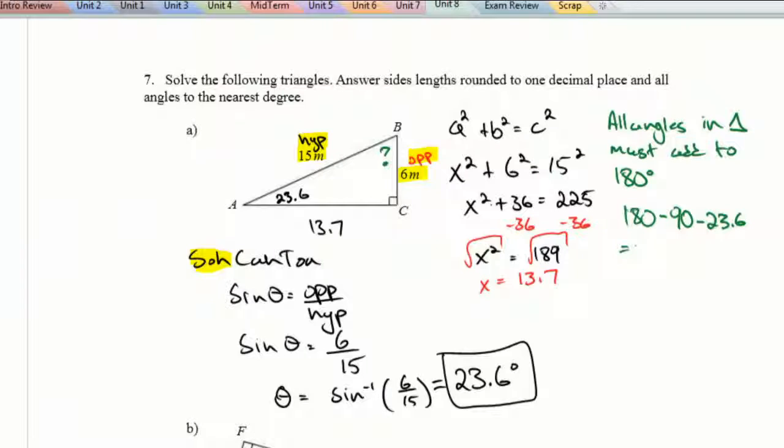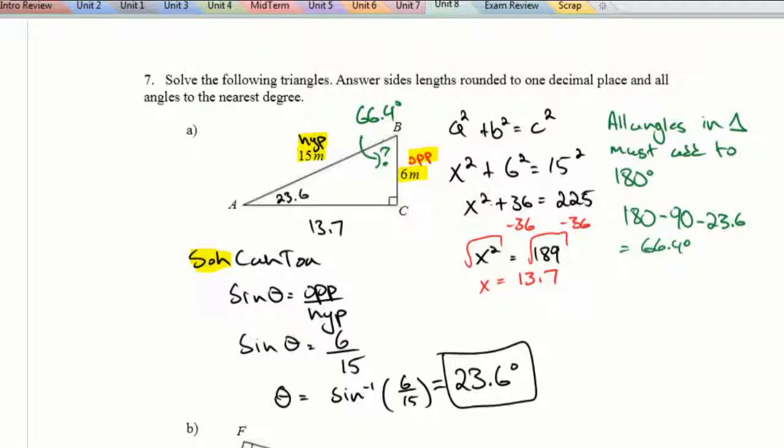And really it's just a little bit of subtraction. 180 minus 90 minus 23.6, 66.4. So now I know that angle up in the top is 66.4. Now officially I've solved this triangle. I found all the missing information. I found the missing side, I have the missing angles.